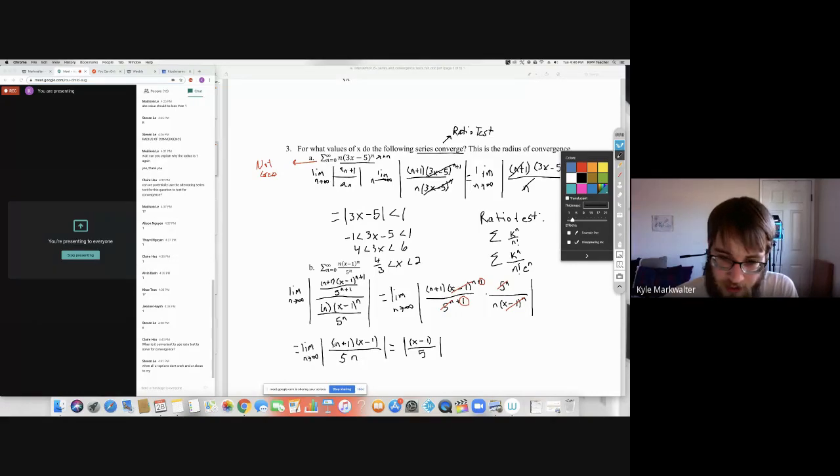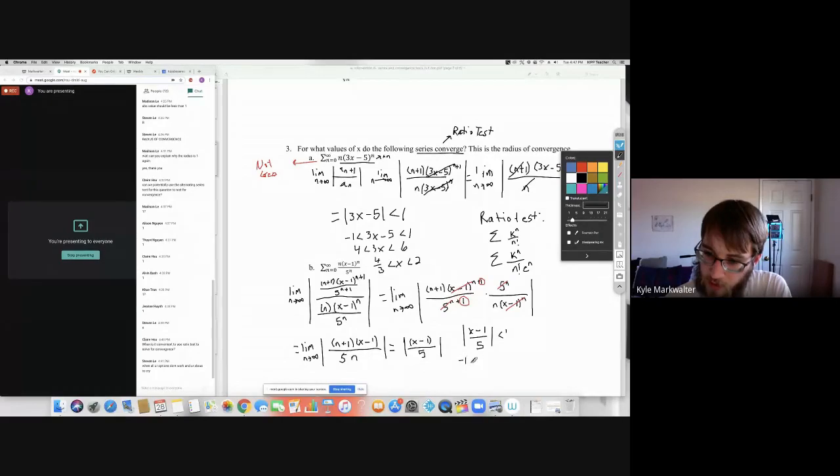As n goes to infinity, it's the only stuff with n's, n plus 1 over n. As n goes to infinity, n plus 1 and n have the same power, the same strength, so this will cancel out, leaving us with absolute value of x minus 1 over 5 less than 1, negative 1 is less than x minus 1 over 5, it's less than 1.